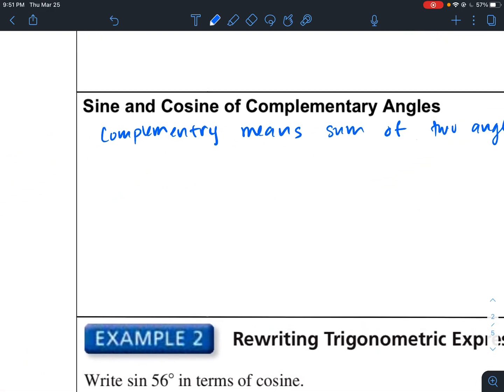So what this means is that, given that we have a right triangle and A and B are the acute angles, they're complementary.